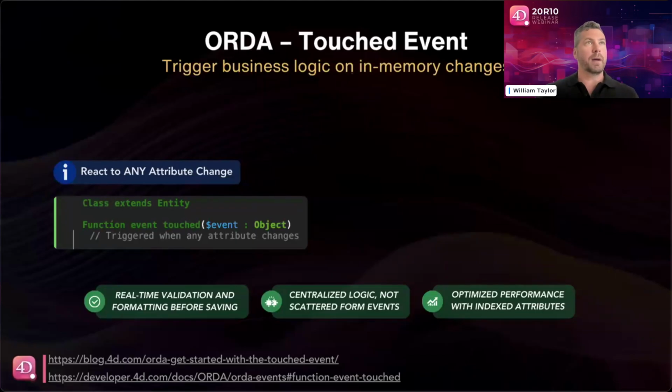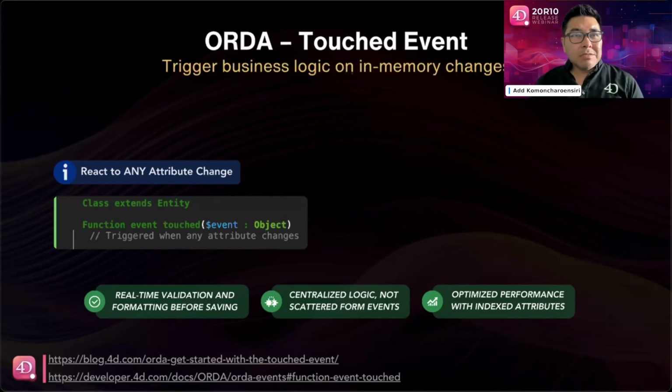So let's explore some new exciting feature, ORDA events, which can be thought of as the modern counterpart to classic table triggers. So starting in V20 R10, we are opening a new chapter in in-memory data events.